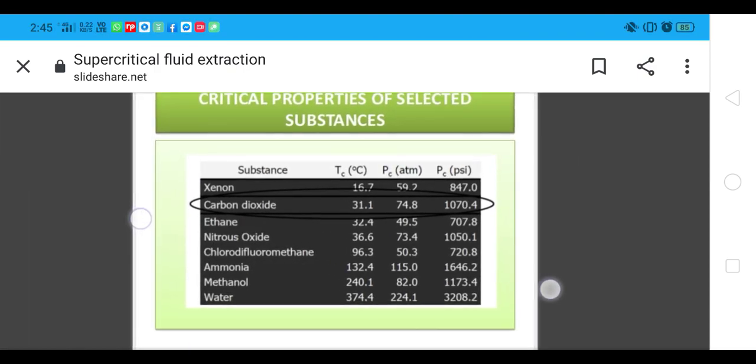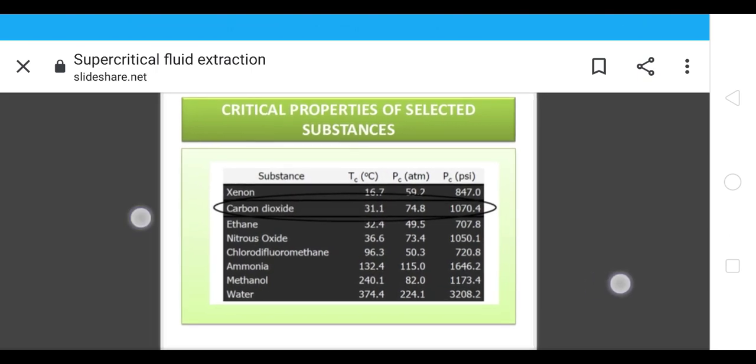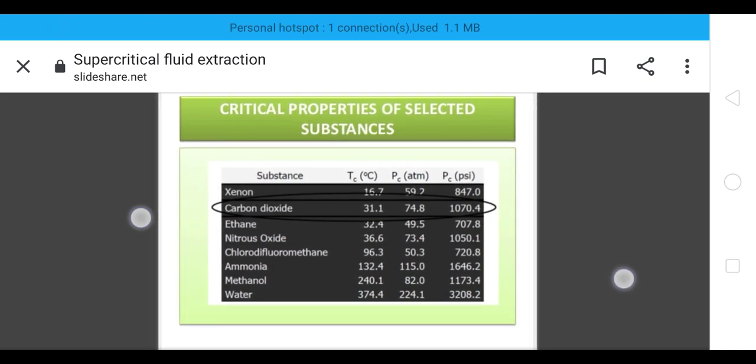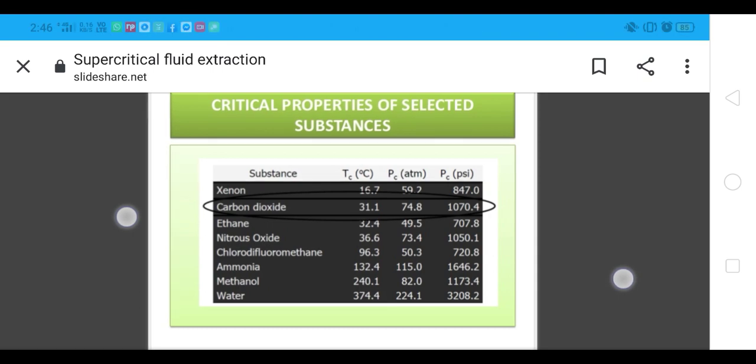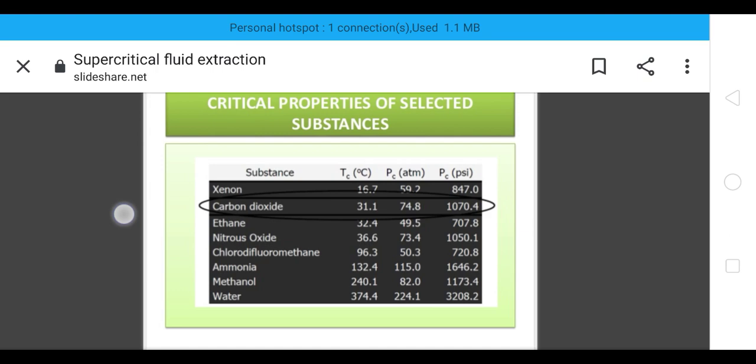Now, why do we use CO2 as the supercritical fluid? Because it has some critical properties, and the two very important points here are critical temperature and critical pressure. There are many solvents you should remember, like carbon dioxide, ethane, nitrous oxide, chlorodifluoromethane, ammonia, and methanol, which can all be used, but mainly we use carbon dioxide because it has a low temperature and pressure.